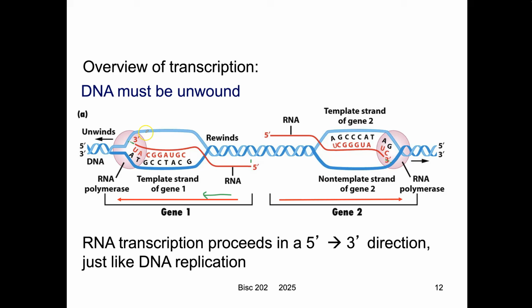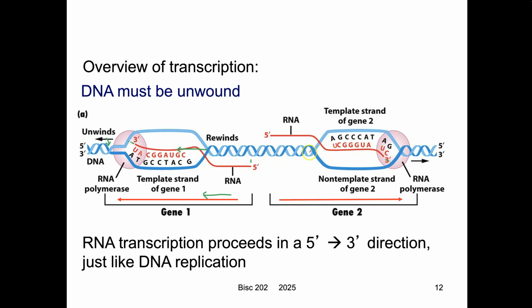This also points out what I was saying about how the DNA unwinds ahead of the RNA polymerase, and then it rewinds and closes up the double helix again. So the transcription bubble doesn't get any bigger. It looks exactly the same size as the polymerase moves along the template.